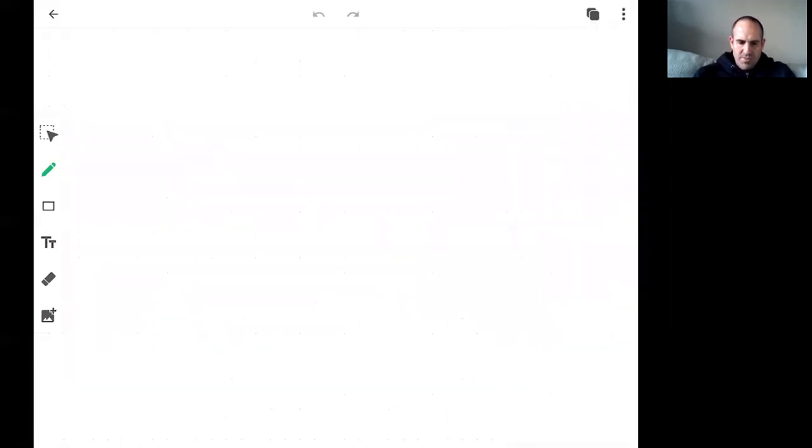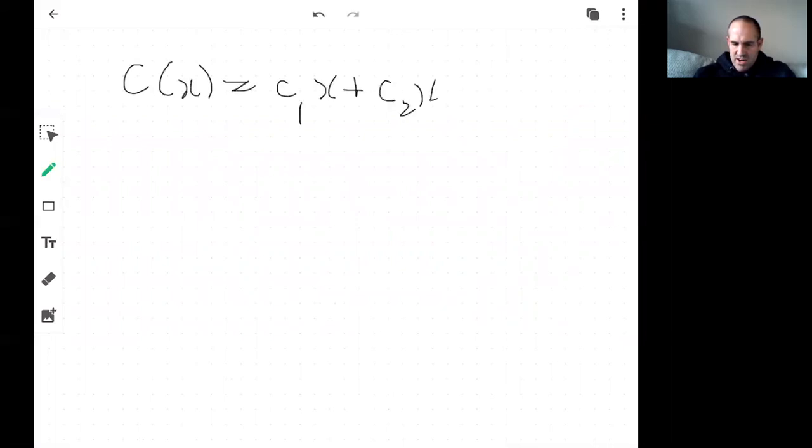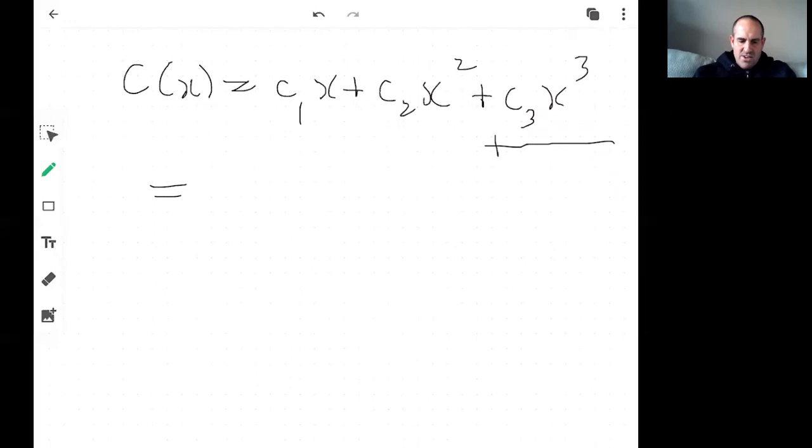So remember that C of x was equal to C1 x plus C2 x squared plus C3 x cubed plus etc. So in other words, the generic term here is Cn x to the n.